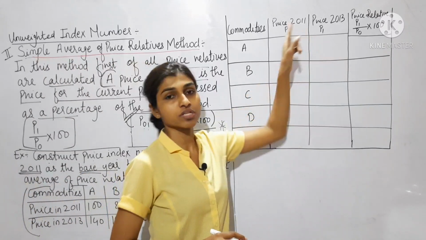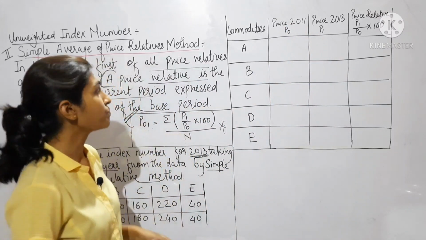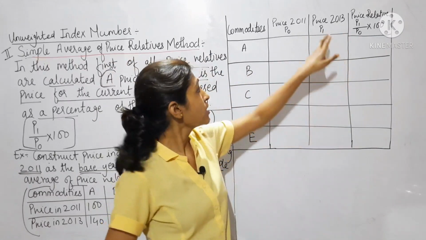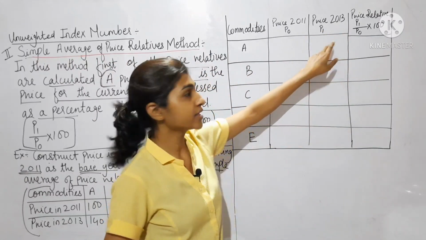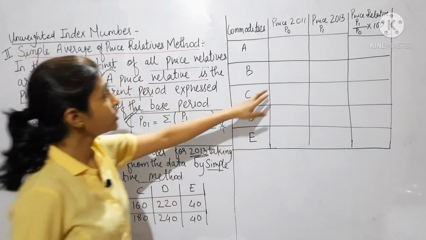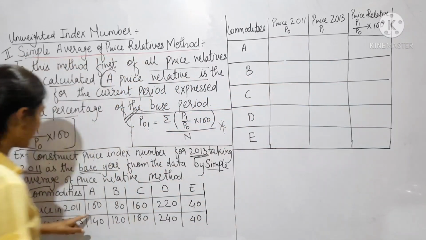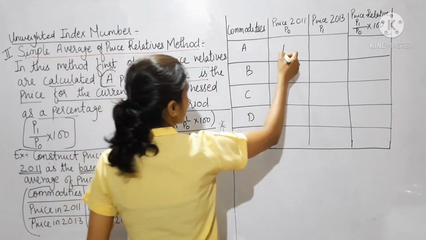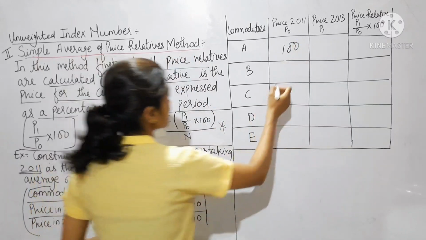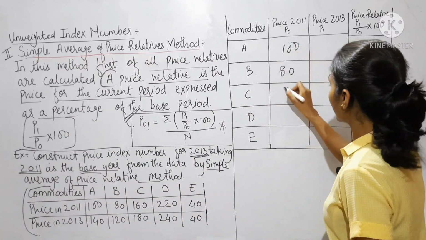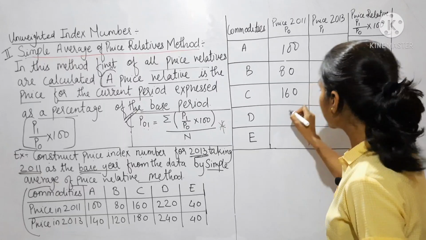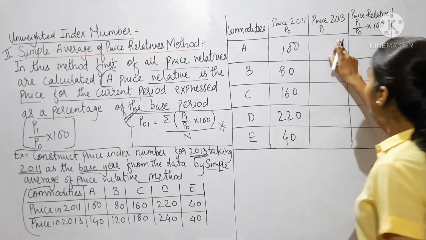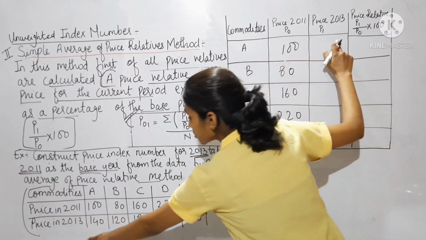Prices in the year 2011 will be P0 and prices in the year 2013 will be P1 because it is the current year. Note down all the prices of 2011 under this. Commodity A has 100, then 80, 160, D is 220, E is 40. Now note down all the prices of 2013.